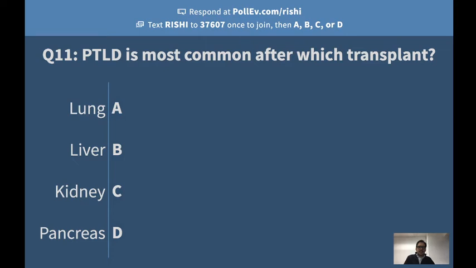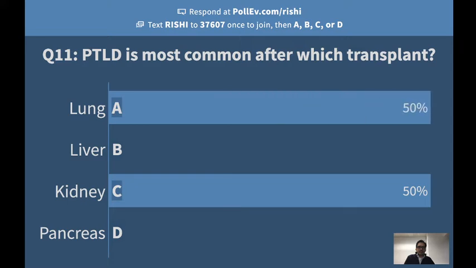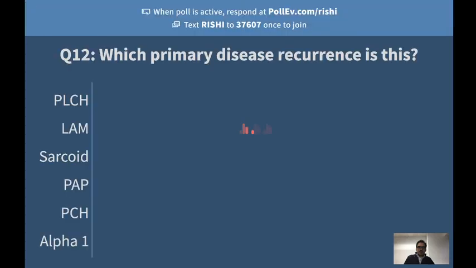PTLD is most common after which transplant? Okay, most people said lung.